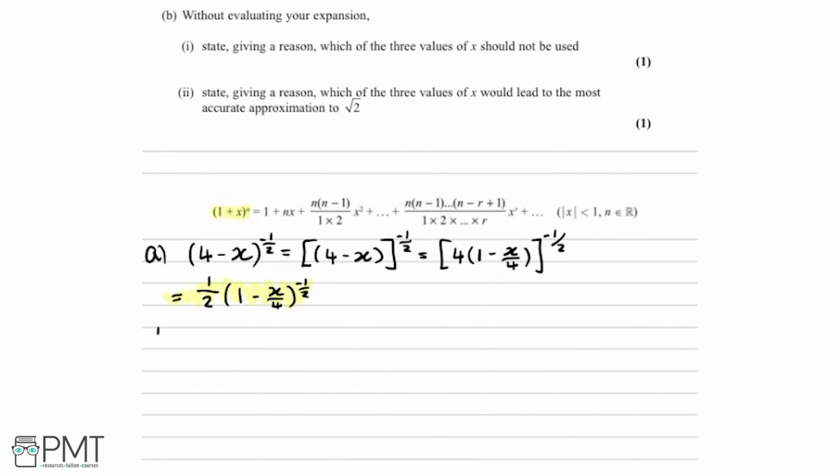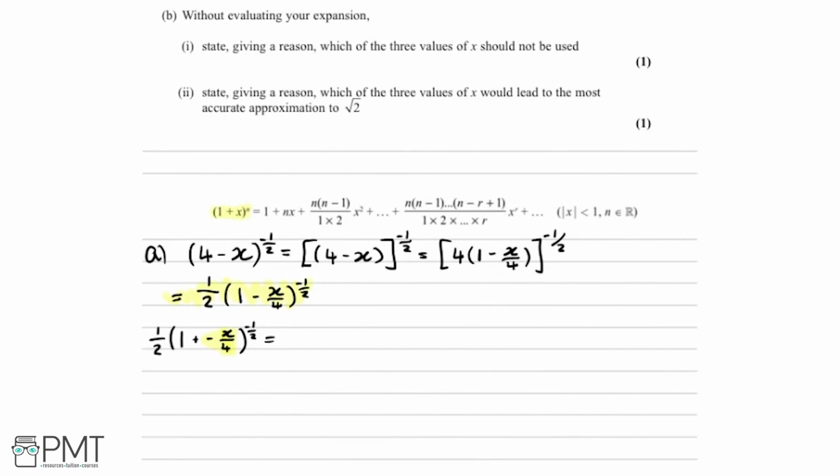Brilliant, so I'm going to write it out here like this. We've got 1 plus minus x over 4 to the power minus a half. And this is just to make it clear, because we can see up here that we've got 1 plus x, and we've got a plus x here. So essentially our x term from the formula, we need to match up with the minus x over 4 here.